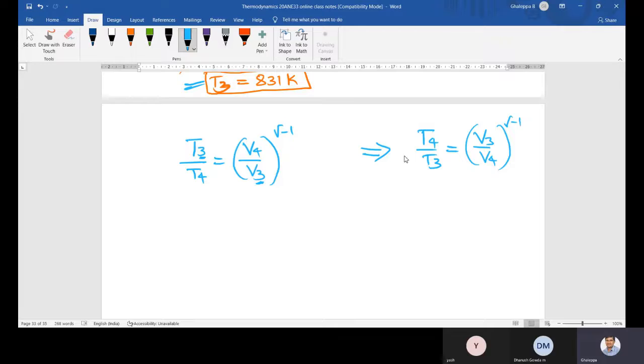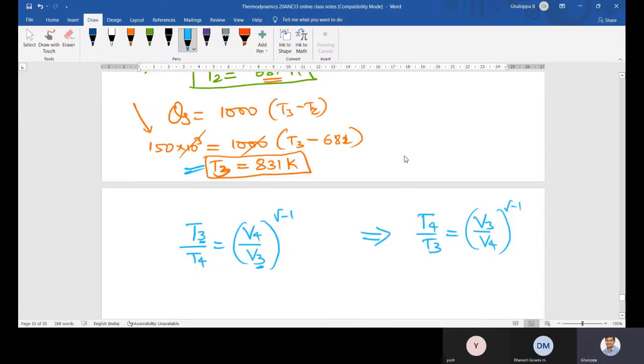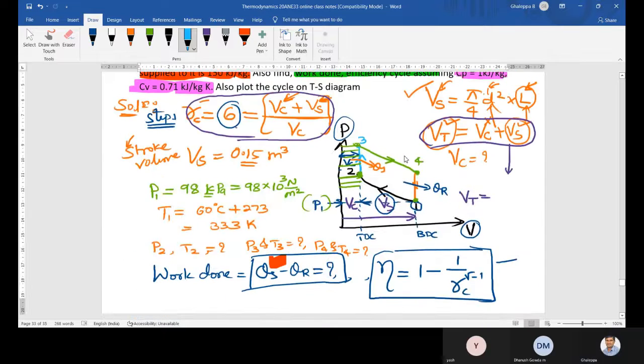So using this equation we calculate T4 because already T3 is known. What is V4? Volume at point number 4 is the same as volume at point number 1 because it is constant volume heat rejection. So V1 is equal to V4. V1 is what? Total volume. So total volume we can write as V1 as well as V4 or VT.